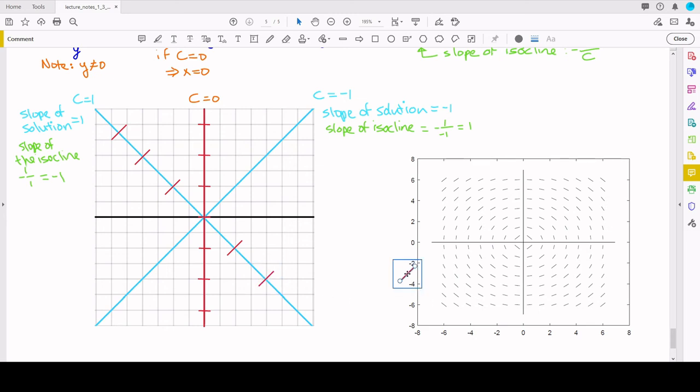And I should make these a little bit smaller, but again, I hope you get the idea here. So those are the direction markers when c equals 1. These are little line segments with slope 1. And then finally, we have c equals negative 1, so the slope of the solution is negative 1. Our direction markers then look like this.